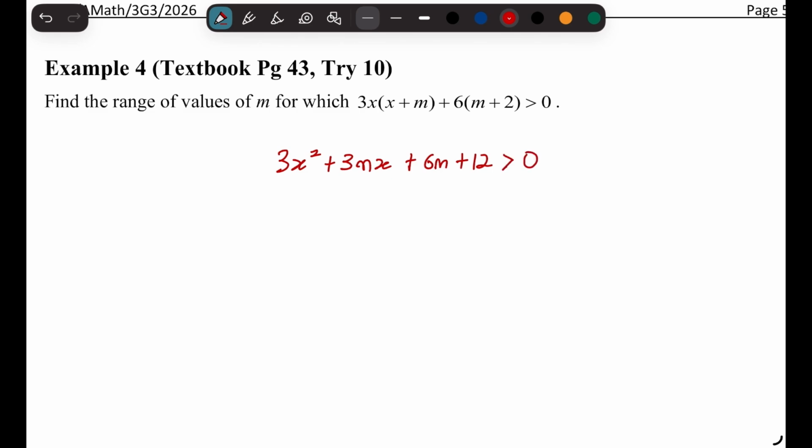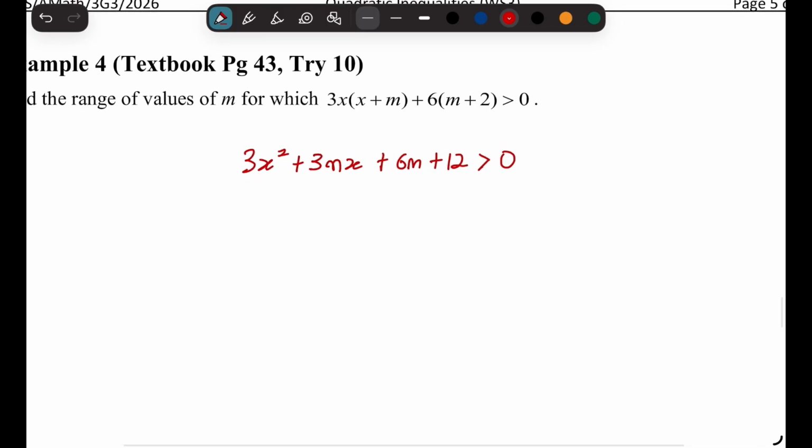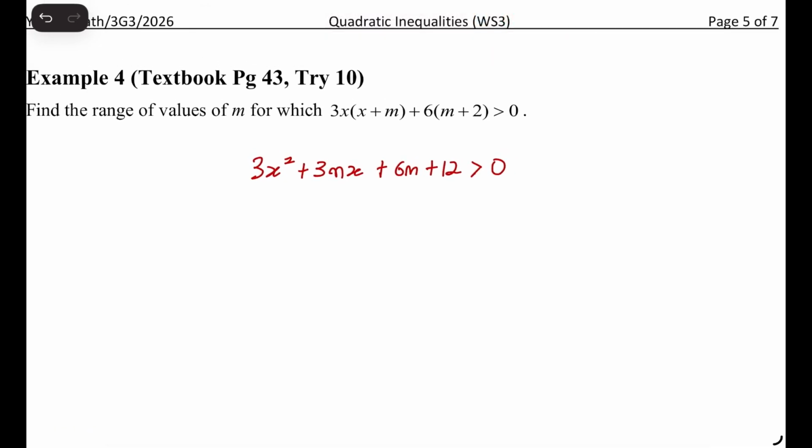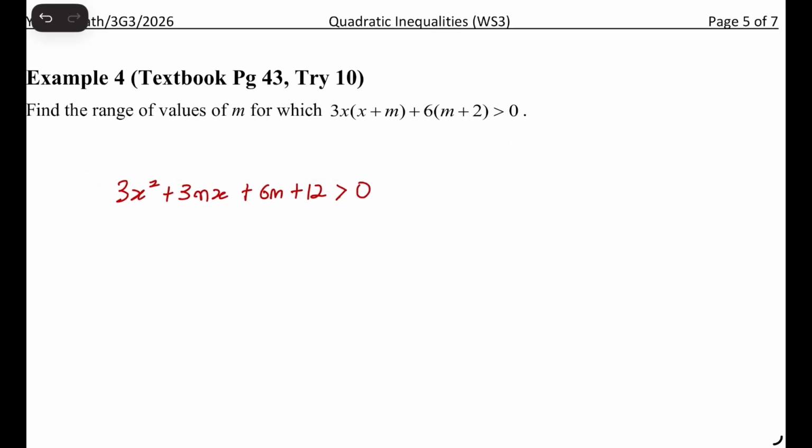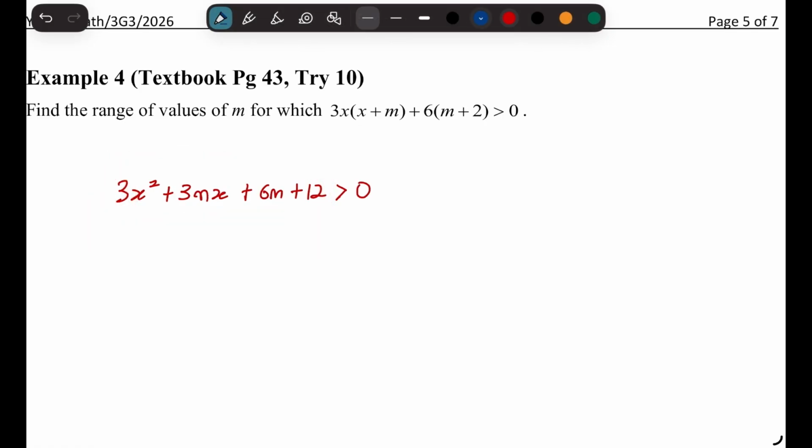Okay? So over here, I know that I need to find a range of values. How do I solve this quadratic inequality over here? Very simply, based on the left-hand side, 3x squared plus 3mx plus 6m plus 12, since the coefficient of x squared is positive, this means I want to have a smiley face graph that is strictly above the x-axis.